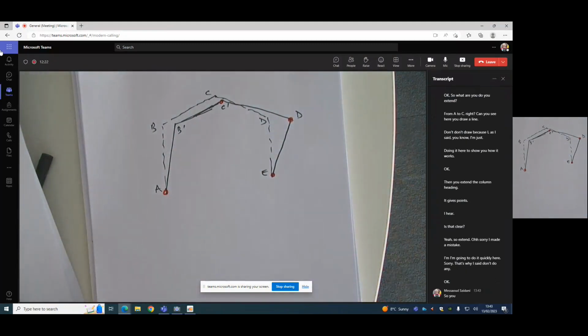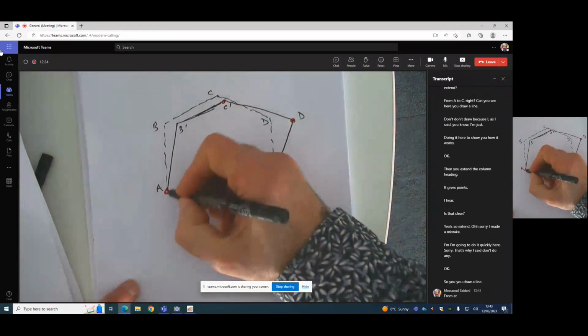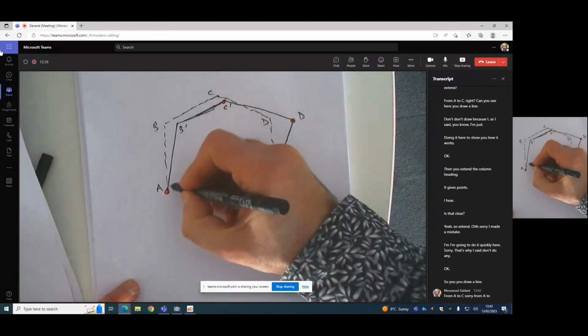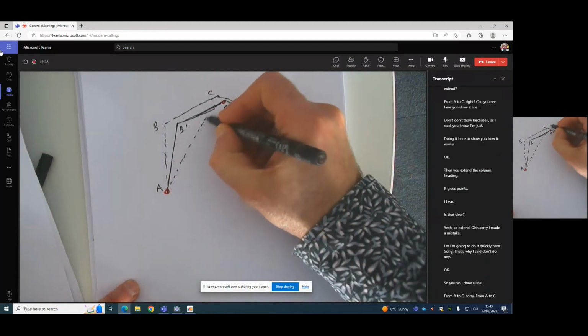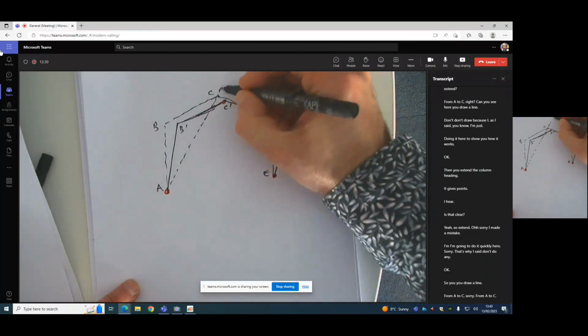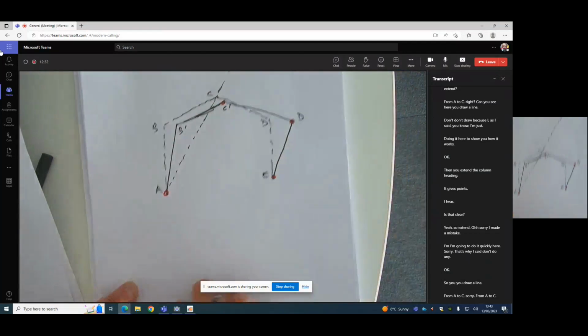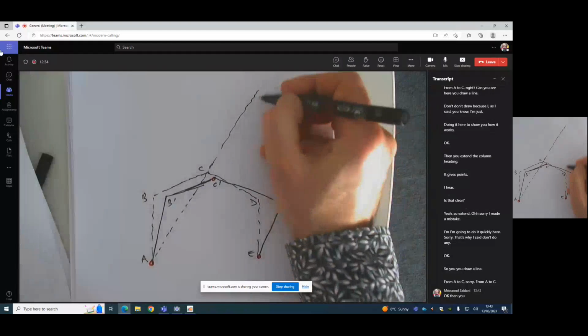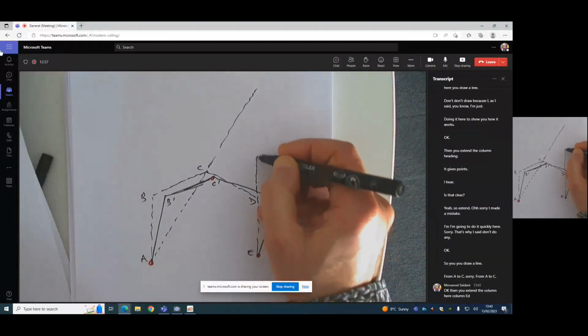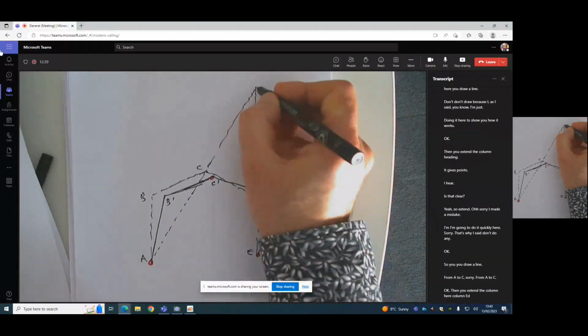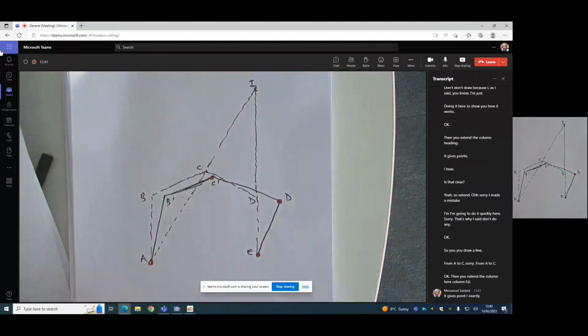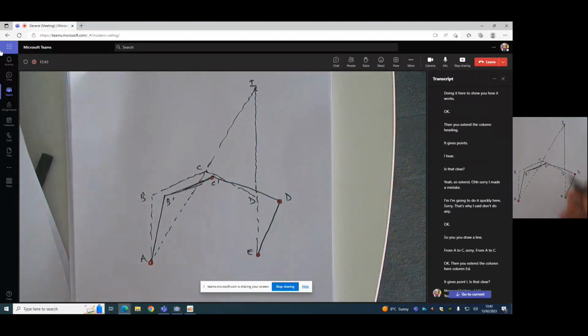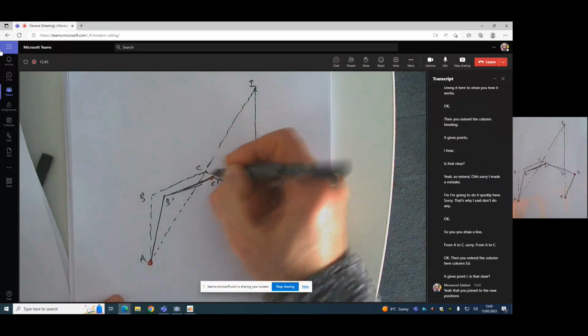So you draw a line from A to C. Okay. Then you extend the column here, column ED. It gives point I. Is that clear? Yeah. Then you join to the new positions.